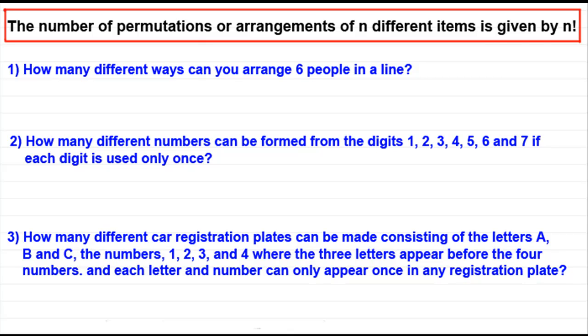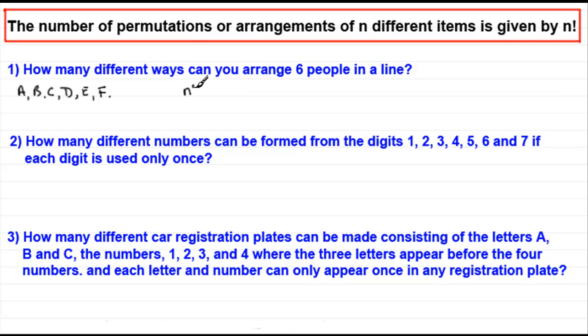Okay, welcome back if you had a go. Well, let's have a look at this first one. How many different ways can you arrange 6 people in a line? Well, essentially all we've got to do is just say, let those people have first names if you like, A, B, C, D, E and F, and then it resolves down to finding out how many different ways can we arrange 6 different letters.